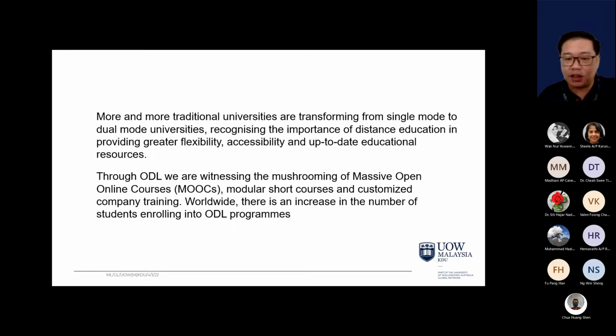One is the ODL, or online universities that deliver online programs, and one is conventional or traditional. Traditionally, it was very separated, but now the government allows conventional universities to also do ODL programs. Once you have ODL, then you have massive open online courses, also known as MOOCs. So when ODL grows, then we have these MOOCs and so on.